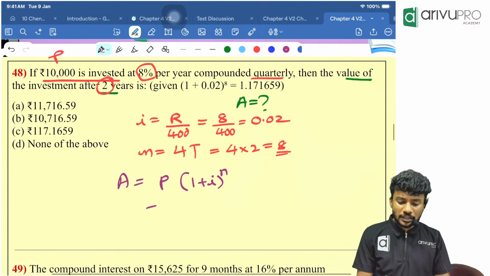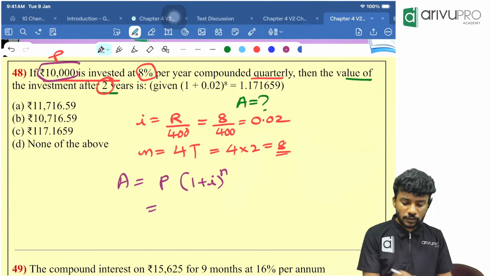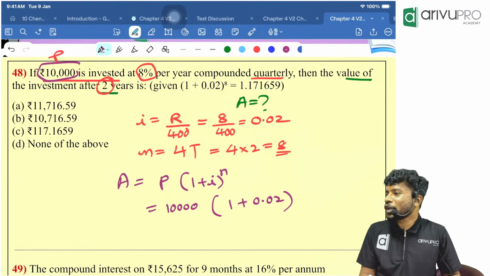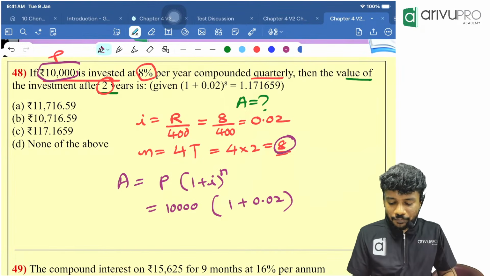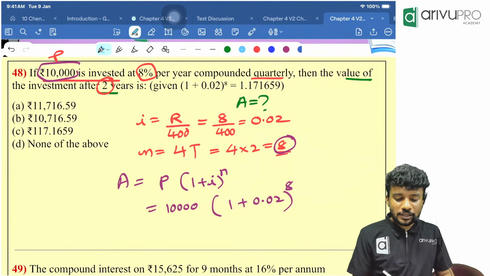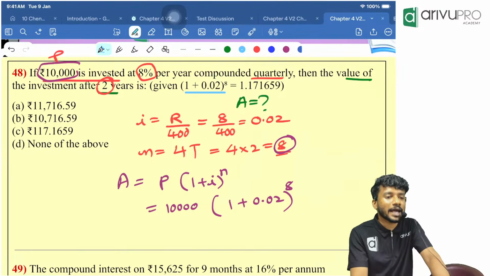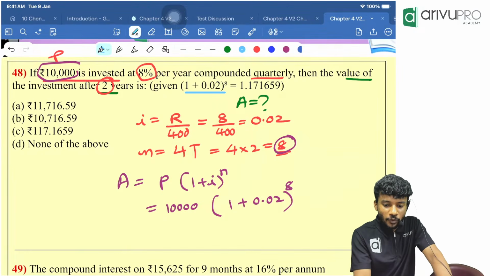Now, P is how much in the question? 10,000. 10,000 into 1 plus I is nothing but 1 plus 0.02, the whole power 8. Correct? Now, one good thing is, they have given that 1 plus 0.02 the whole power 8 in the bracket. Given. So, what you will do? You will put this value over here.